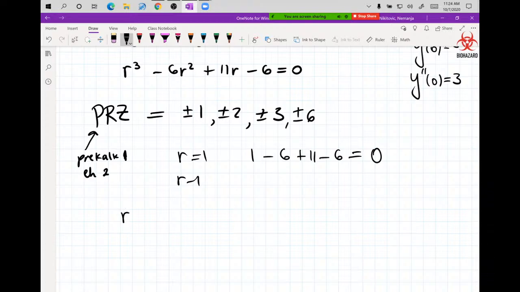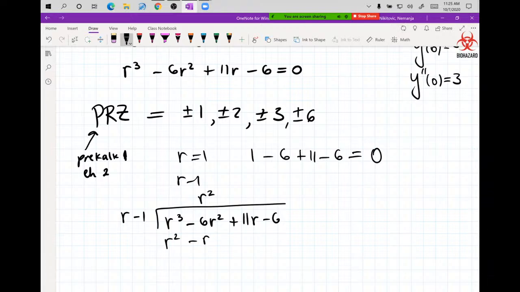So that's going to be r minus 1 divided into r cubed minus 6r squared plus 11r minus 6. So actually this is not that bad. R into r cubed goes r squared times. Multiply it back, I get r cubed minus r squared. When I subtract this, r cubed is gone over here.